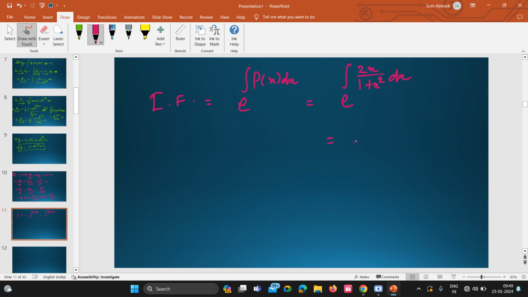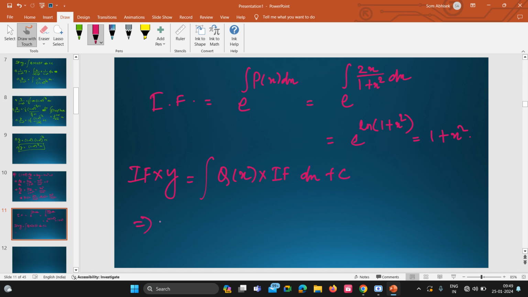So that is e to the power ln (1 plus x square), that is 1 plus x square, isn't it? So the solution is integrating factor into y is equal to integration of Qx into integrating factor dx plus c.